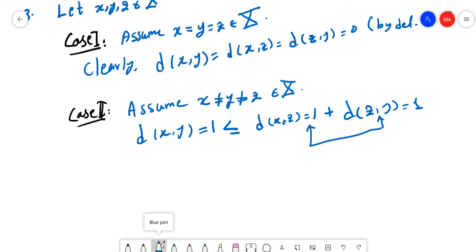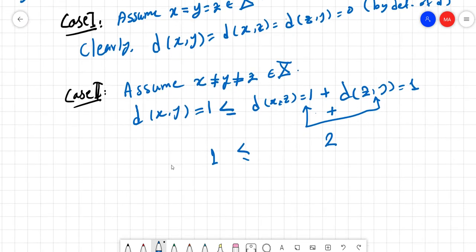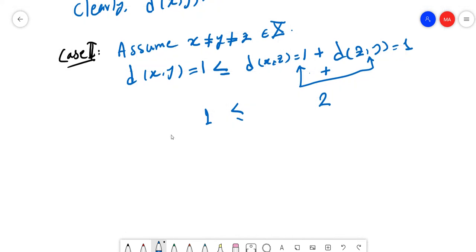Here we have 1 plus 1 is 2, which is greater than 1. And this case holds true.